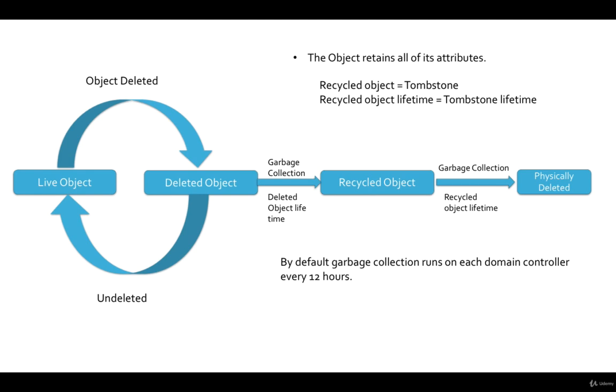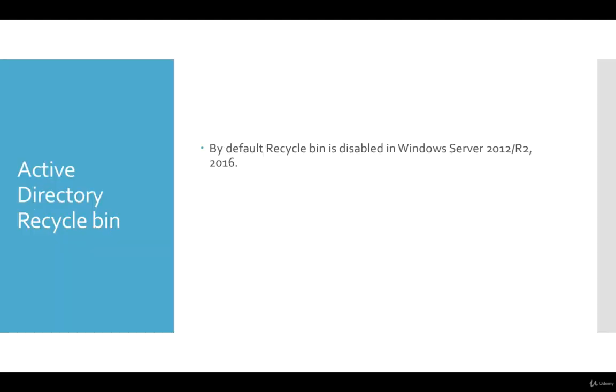Before I move into my Windows Server 2016 to show you how to enable Active Directory Recycle Bin, I'll mention some Active Directory Recycle Bin facts for your knowledge base. By default, Active Directory Recycle Bin is disabled in Windows Server 2016, 2012 R2, and 2012.